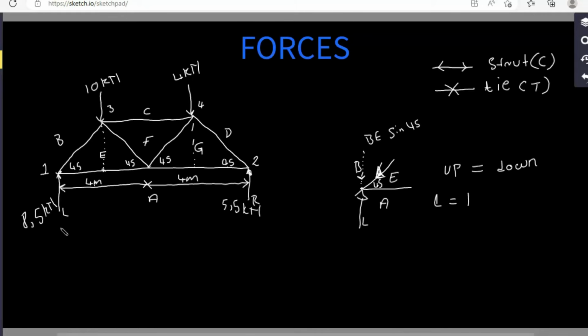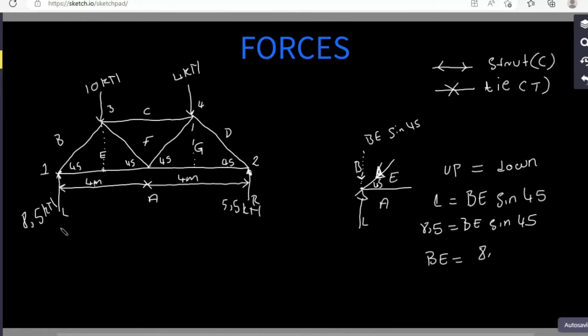So we're going to put it here: BE sine 45. L we calculated, we got it is 8.5. BE we do not have, that's what we are looking for. Sine 45. Our BE will be equal to 8.5 divided by sine 45.